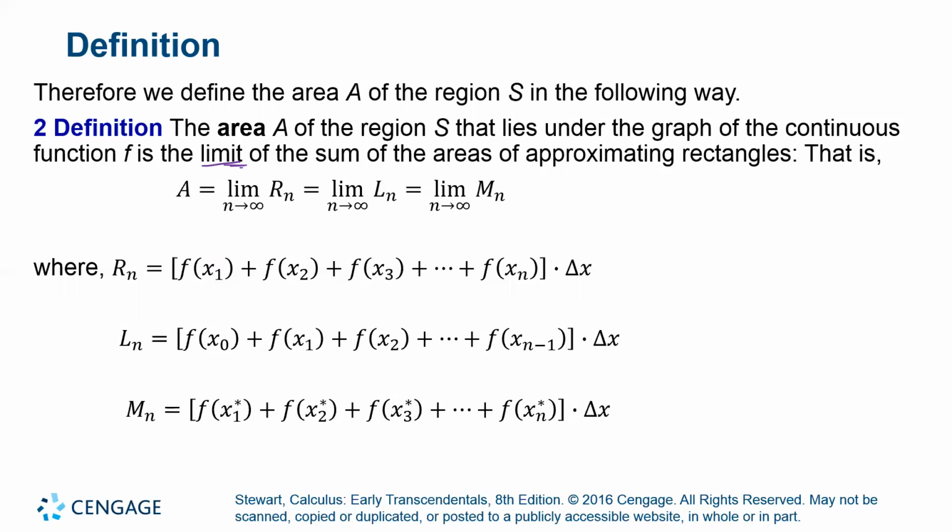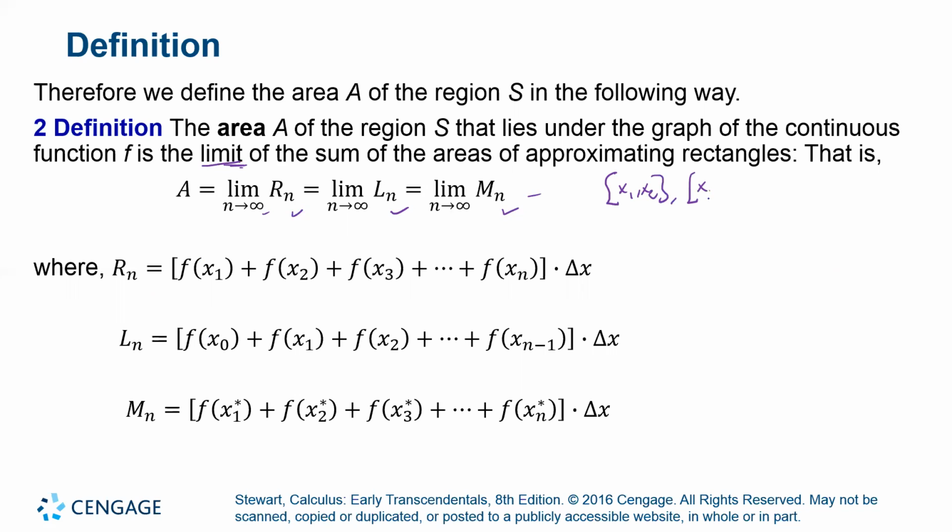The limit of the sum of the areas of approximating what? Rectangles. That is, your area is equal to the limit as n goes to infinity of the right endpoints, the left endpoints, and the midpoints, and they are all what? Equal.